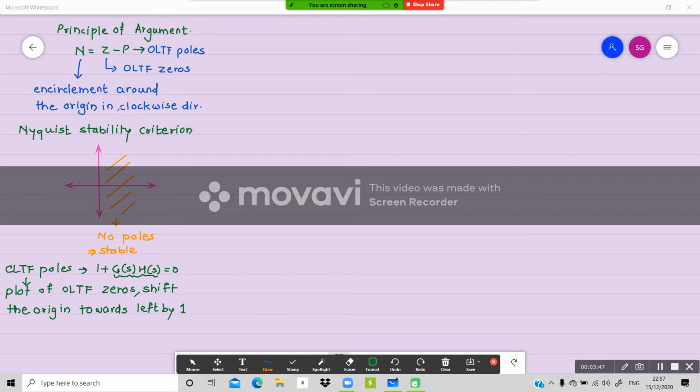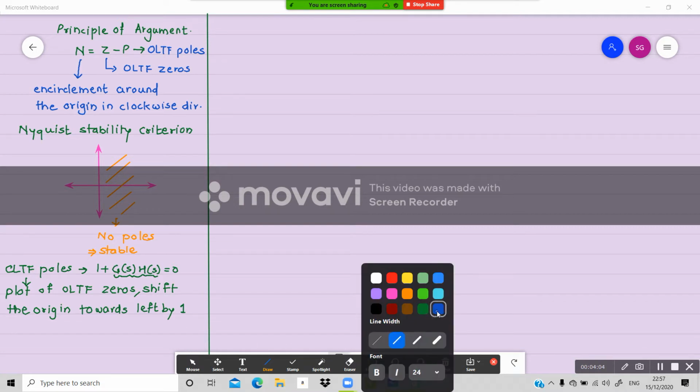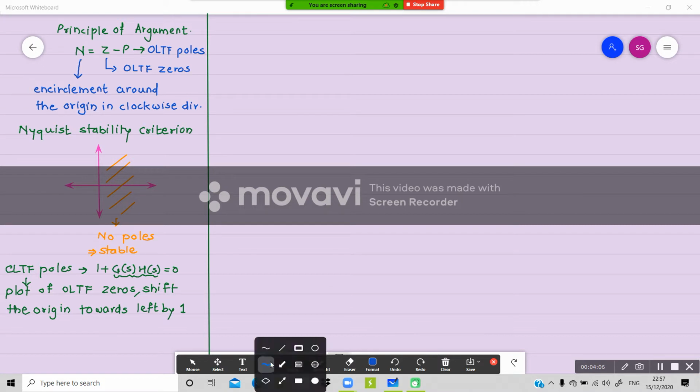Now we'll try to connect these two things. See, now you are talking about the encirclement, correct? You are talking about the encirclement around the origin. But we have shifted the origin towards left. That means the new statement should be, now we should talk about this N. This N is not the encirclement for the origin.